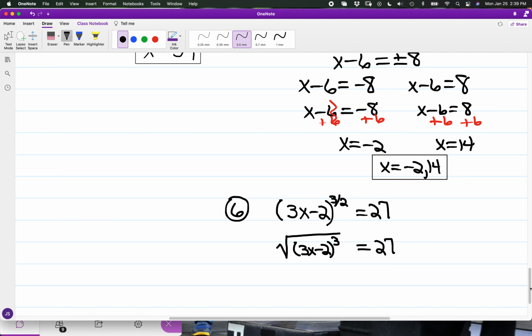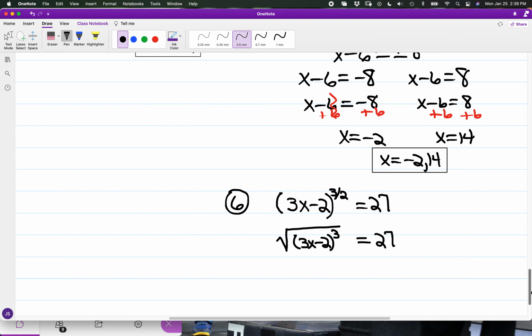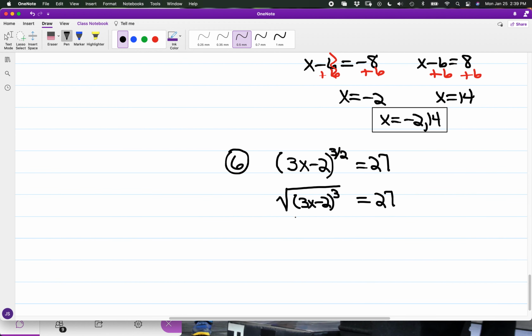Okay, so again, I'm going to have a couple of operational ways of following through. First of all, after the rewrite, I'm going to square both sides, so as to get rid of the square root.